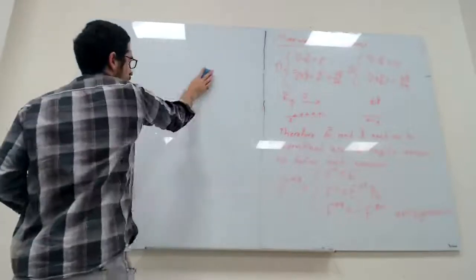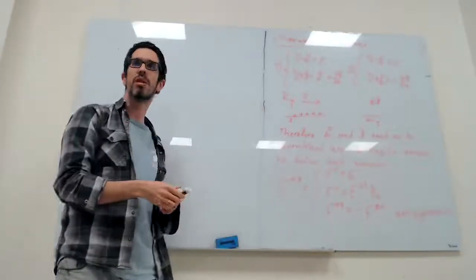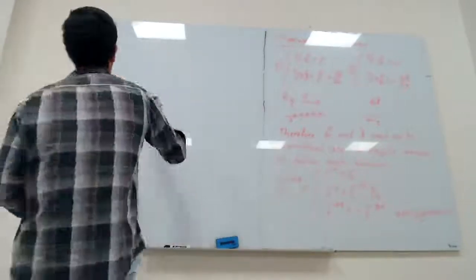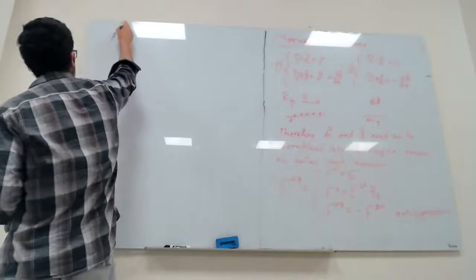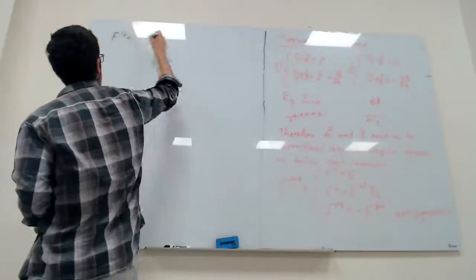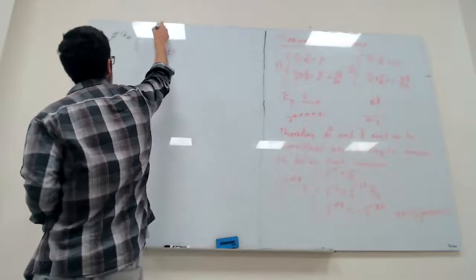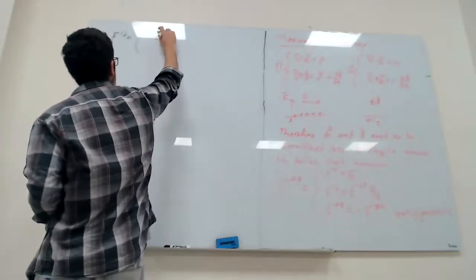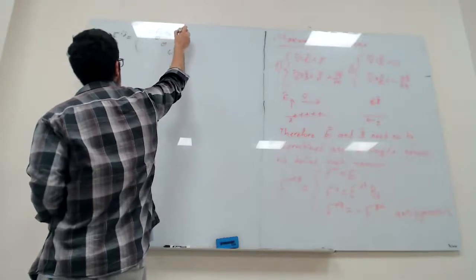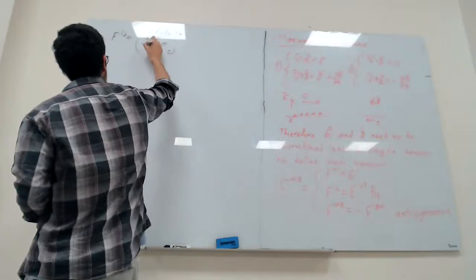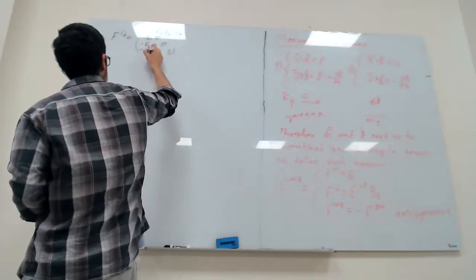By the way, have you encountered this tensor? Yes, it's not the first time we see this. Fij equals 0, 0, 0, 0, then Ex, Ey, Ez, minus Ex, minus Ey, minus Ez.